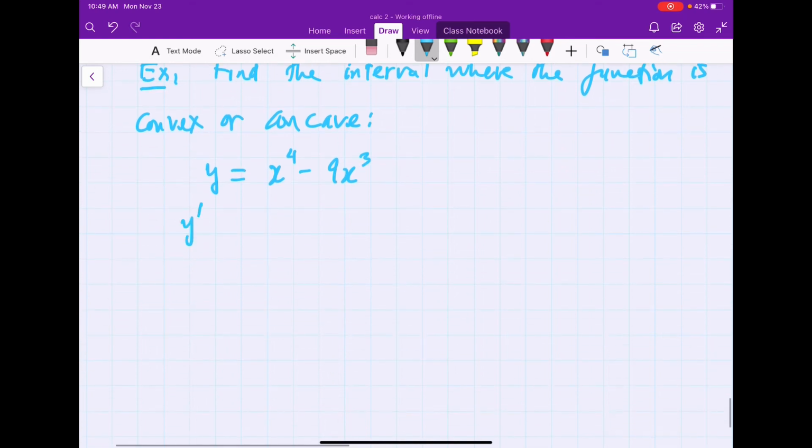You need to find the second derivative, but before that, we need to find the first, right? So you have 4x cubed minus 27x squared. And then the second derivative is 12x squared minus 54x. Okay.